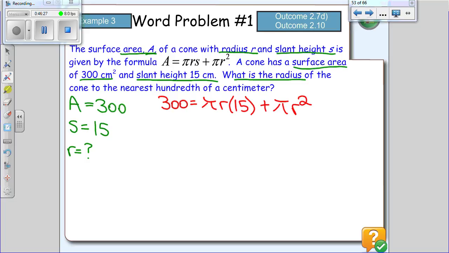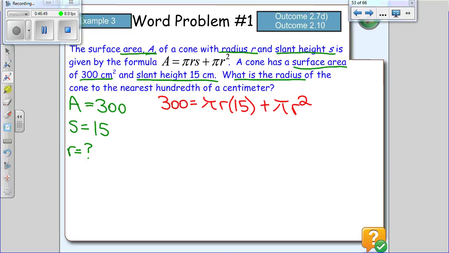So what we need to do is try to rearrange this into a situation we could solve. If we want to solve this thing, what do all quadratics have to equal? 0. So what do I need to do with this 300? I just subtract 300 from both sides. And when I do this, I'm also going to reorder my quadratic.